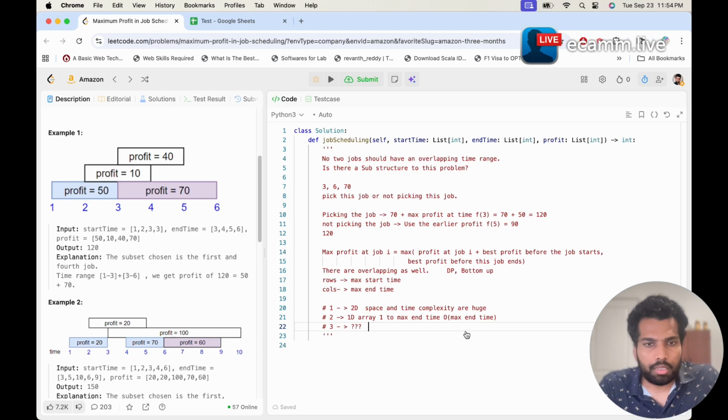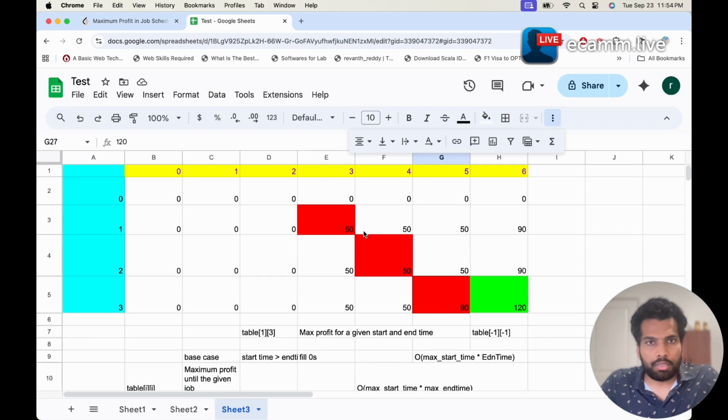In approaches one and two, we were more focused on finding the maximum profit at a given end time. In the first table, we were focused on having the profit at any given start and end time.